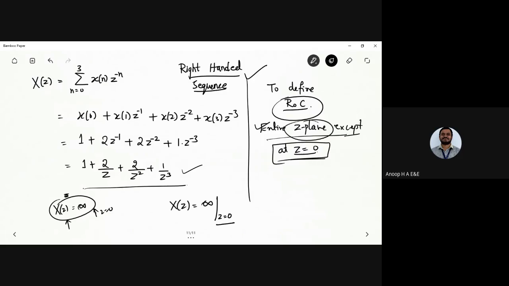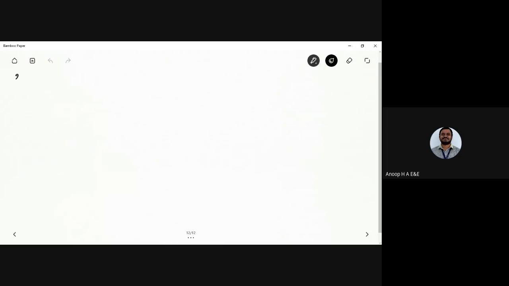Okay. So next, going on to the next one, you are going to have the left-handed sequence.